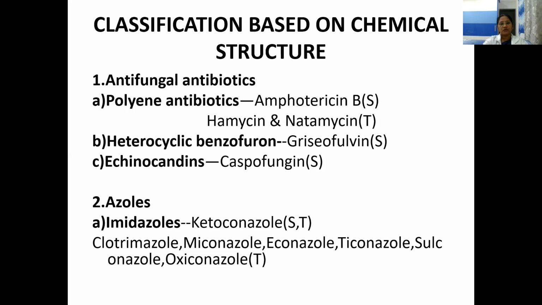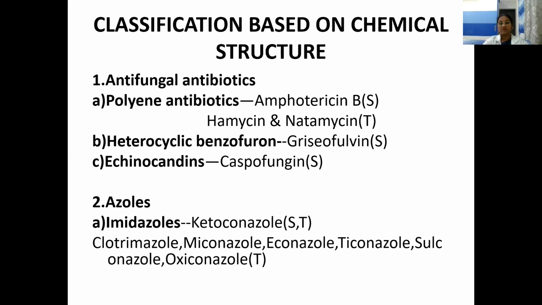Coming to the heterocyclic benzofuran group, the example is griseofulvin. It is used for systemic infections, that is, deep infections. The next group is echinocandins. An example for echinocandins is caspofungin, which is used for systemic infections.